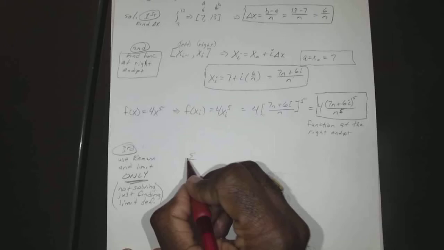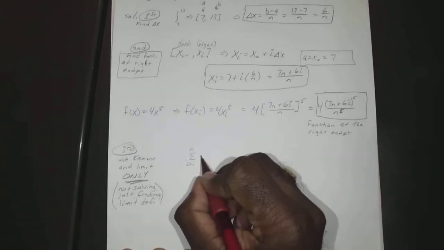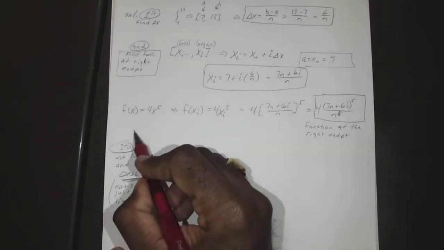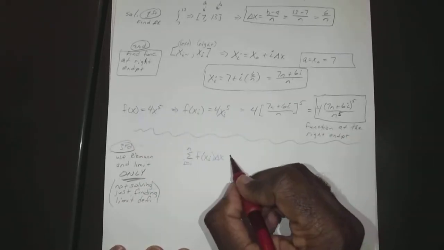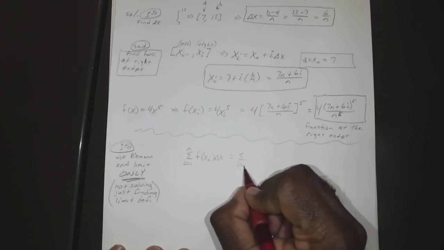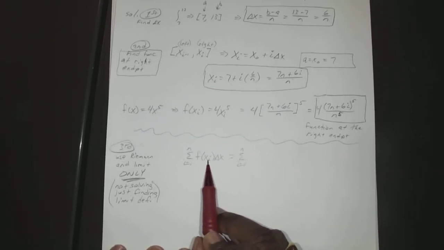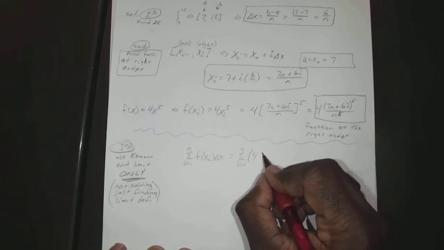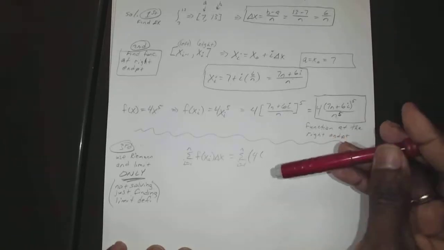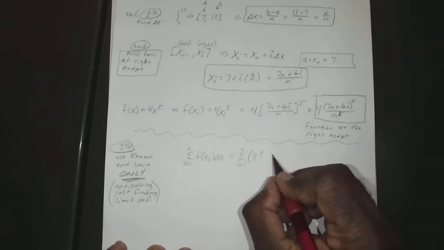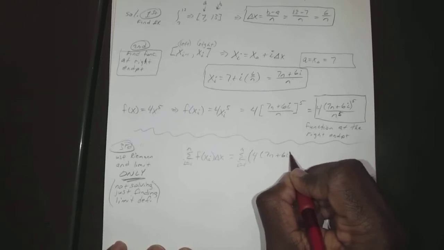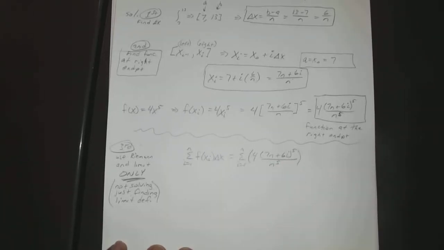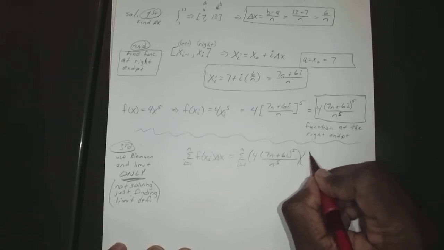So we have the sum from i equals 1 to n of f of x sub i delta x. That equals the sum from i equals 1 to n of 4 times 7n plus 6i to the 5th over n to the 5th, times our delta x, which is 6 over n.